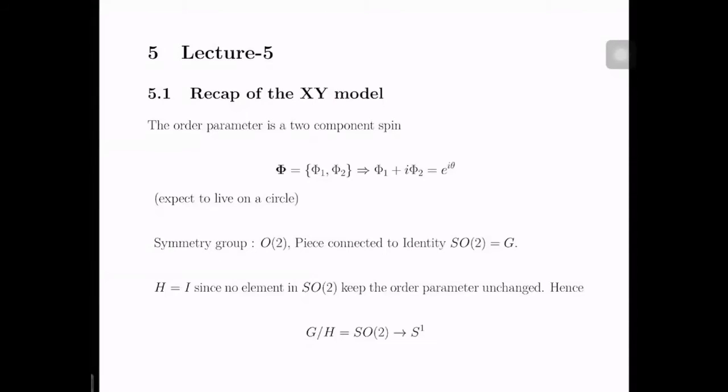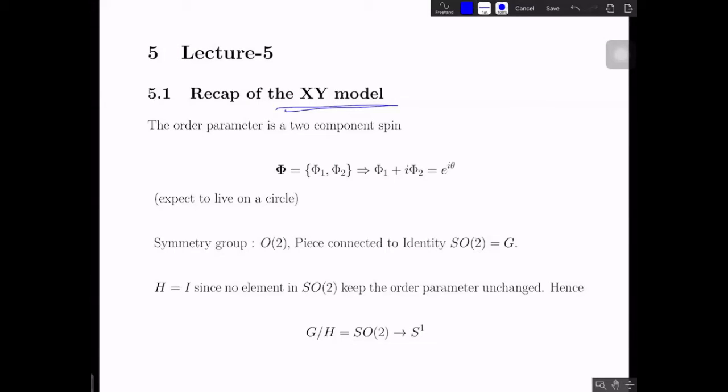In particular, what we want to do is to try and understand the physics of topological defects in the order parameter field, with this famous example of the XY model.